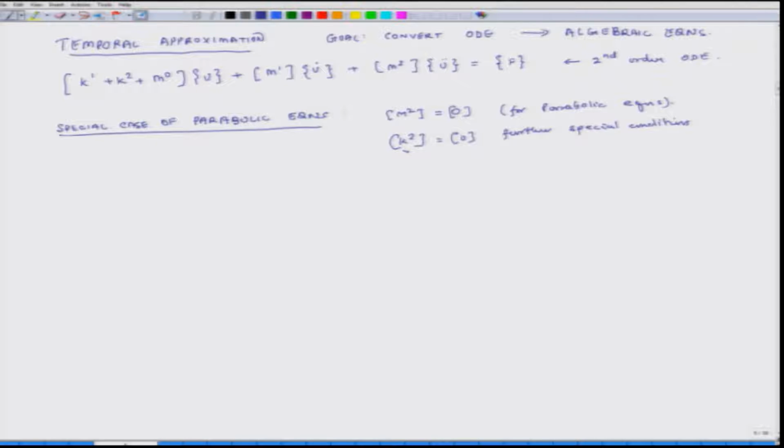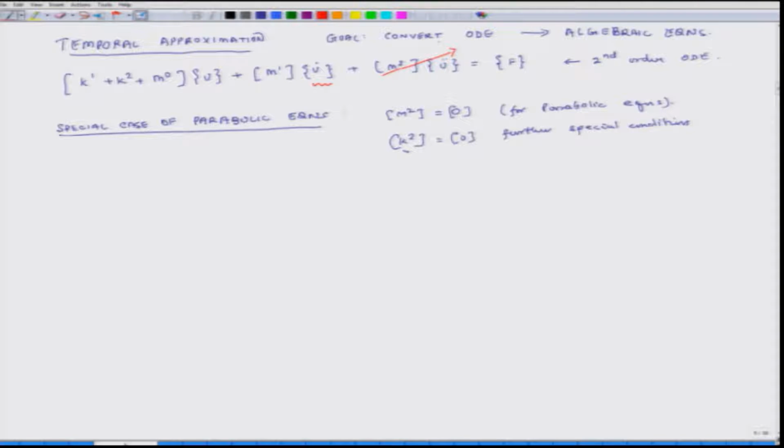So, our aim is to convert this ordinary differential equation into algebraic equations. The way we do it is that we express derivatives. In this case these terms are gone, so we have to somehow convert these u dots, derivatives of u in time, to differences of u.